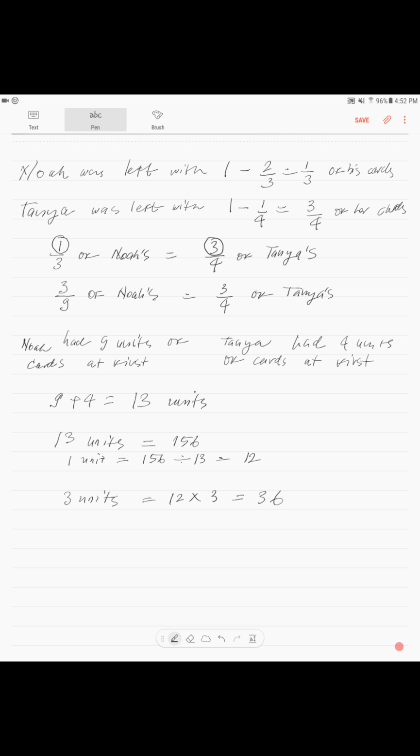Each of them had 36 game cards left, right? Again, there are 3 units left. We transform this fraction, these 3 units, 3 units. Every unit is 12 cards. This is how we get our answer. Each of them had 36 game cards left.